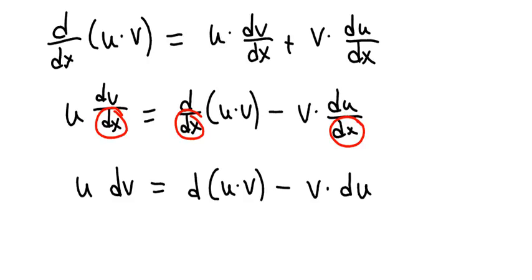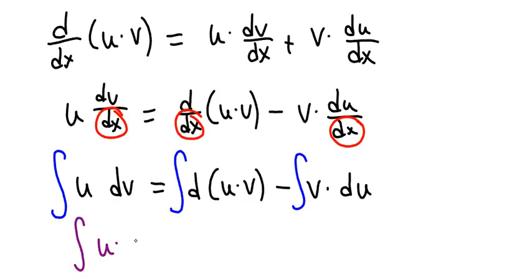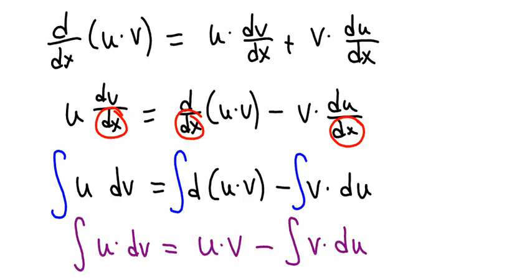And then I'd like to do the unthinkable. I would like to integrate everybody. And if we do that, then we get that the integral of u dv is the integral of the derivative of, well, that's just uv, minus the integral of v times du.